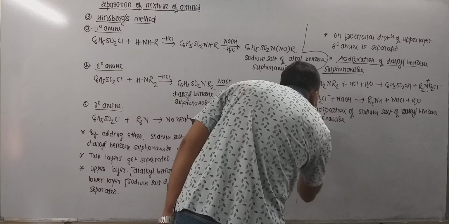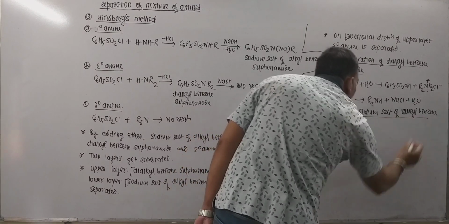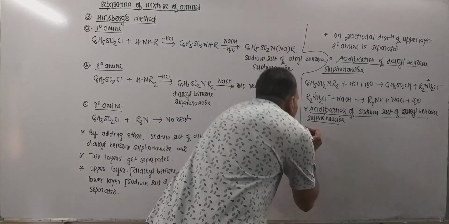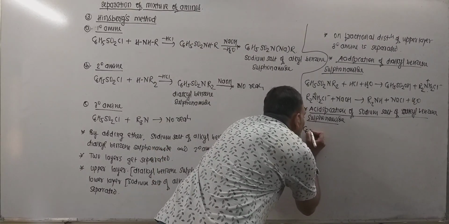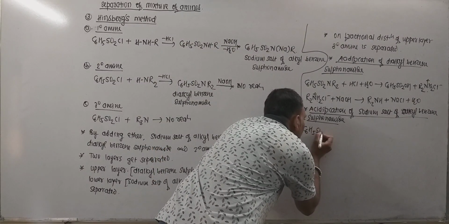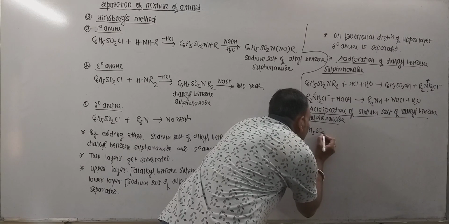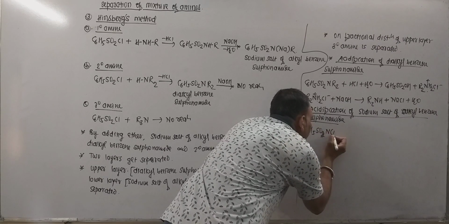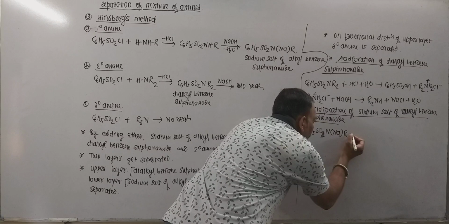What happens when we acidify this? The lower layer consists of C6H5SO2NNaR.